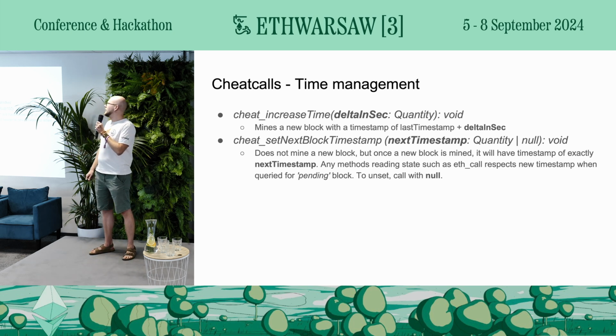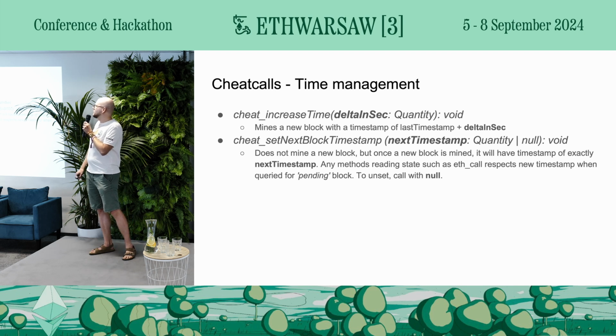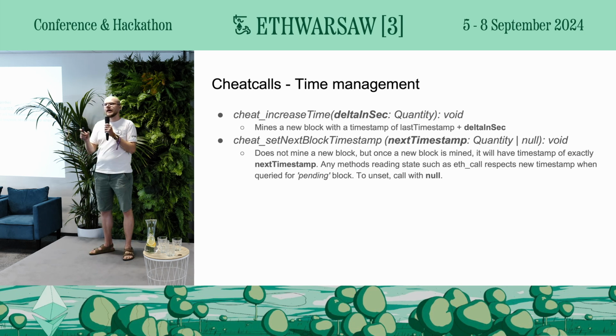For example, here, cheat increase time is like EVM increase time, but properly documented with tests. And then we have another thing, cheat set next block timestamp. The idea is that you call this and it doesn't mine a new block, but when you send some kind of transaction that makes a development node mine a new block, then this block is going to have the timestamp that you wanted it to have.